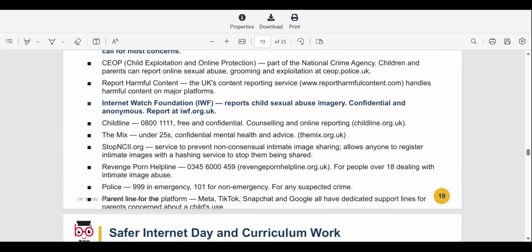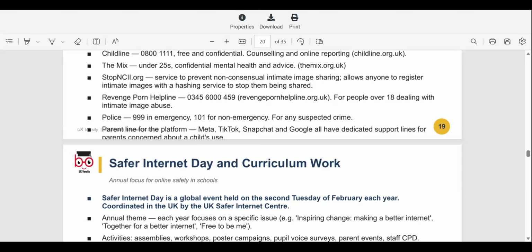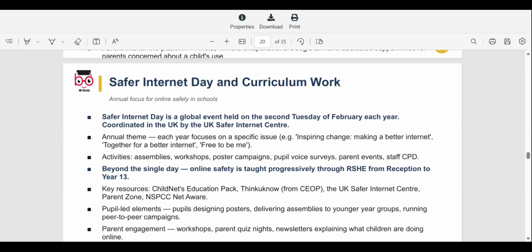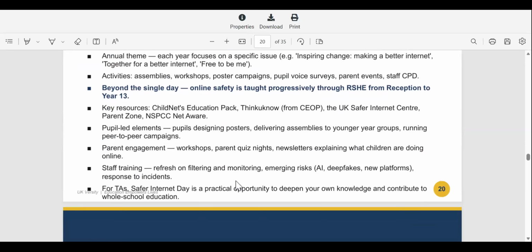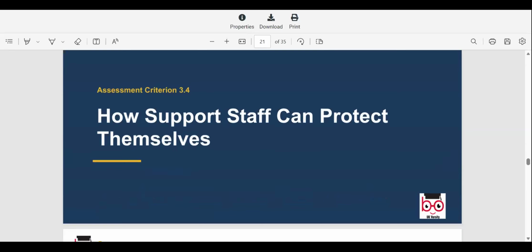You've got revenge porn, where you can report it, and then you've got the police as well that you can report it to. Safer Internet Day and curriculum work: it's a global event held on the second Tuesday of February, coordinated to make sure it focuses on specific issues and that it's about online safety. So it's pupil-led, and it involves parental engagement.